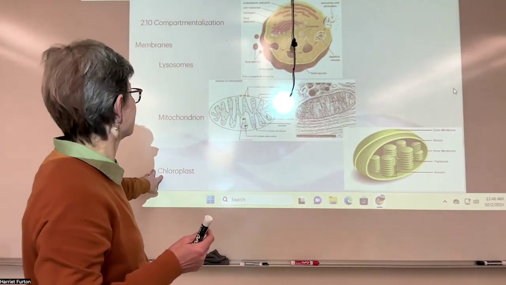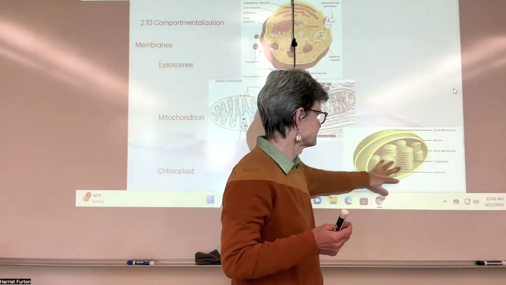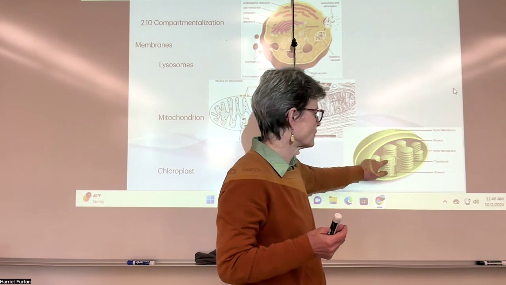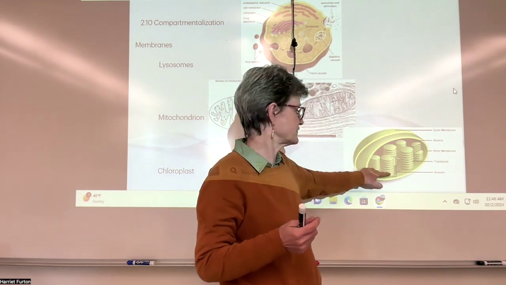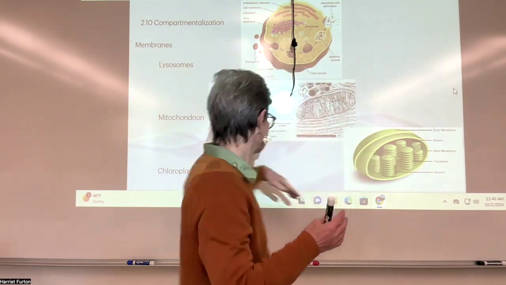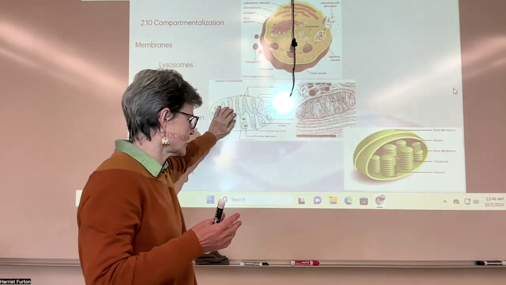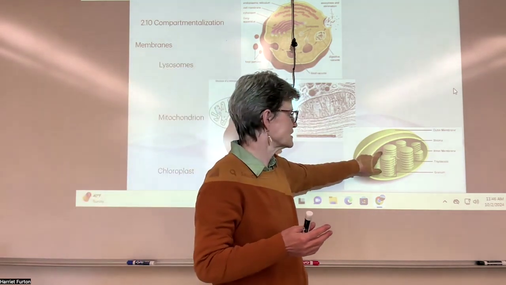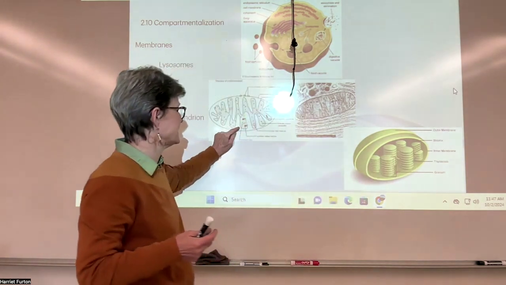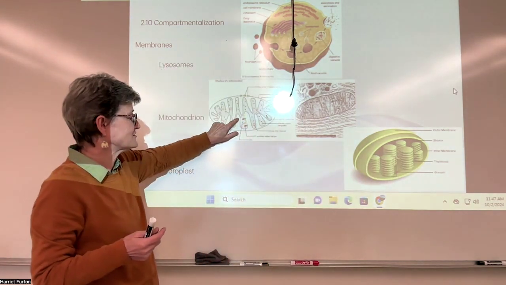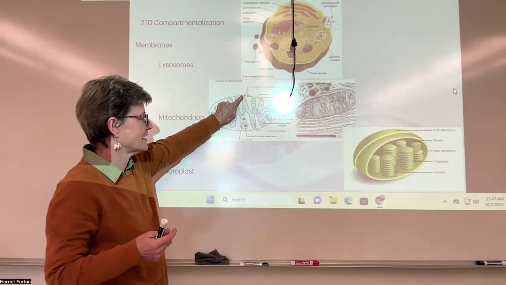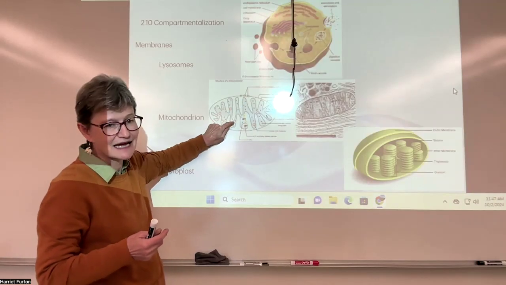Same with the chloroplast. They have two membranes and the thylakoids. The thylakoids again increase the surface area, because inside they are hollow, and the pH inside the thylakoid is different. Also in the mitochondria, the pH in the intermembrane space is different than inside of the matrix.